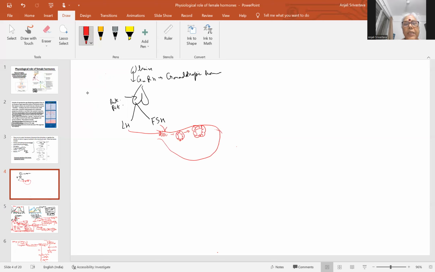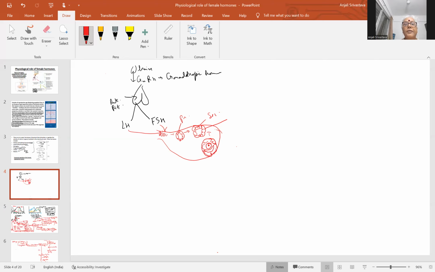If we say it very briefly, like a continuous storyline, LH works together with FSH on the developing follicles. This is the primary follicle, this is the secondary follicle, then the tertiary follicle, and ultimately the Graafian follicle is formed, where the single mature ovum is lodged in the antrum. The detailed structure we have already seen in the last class.